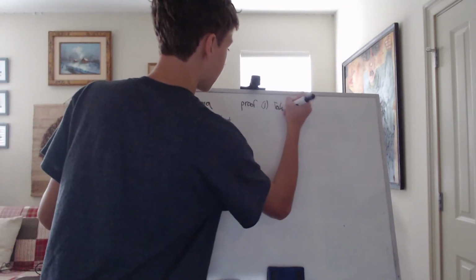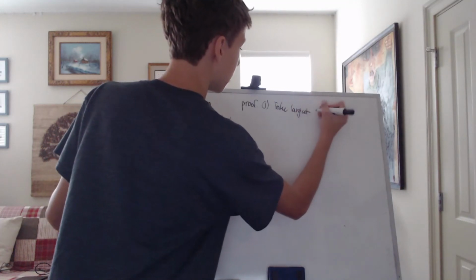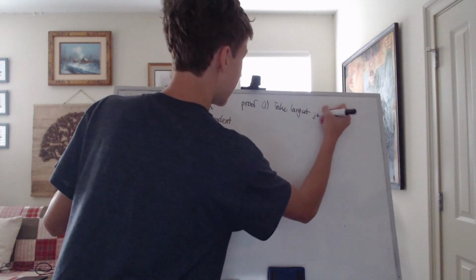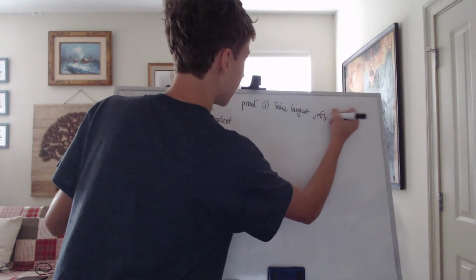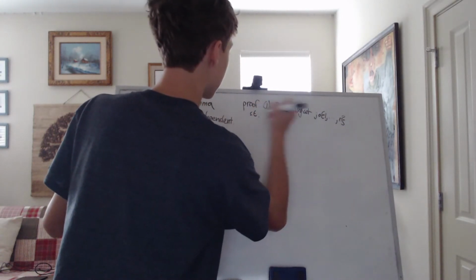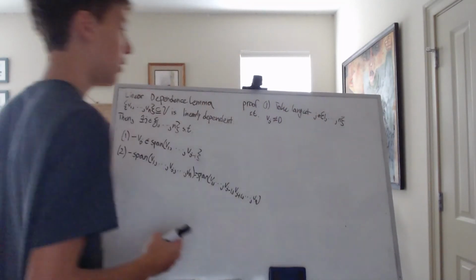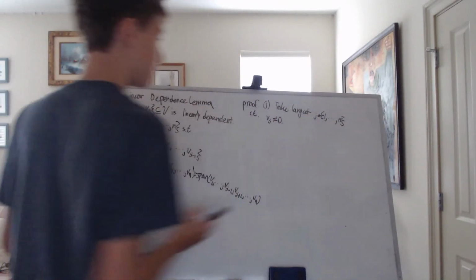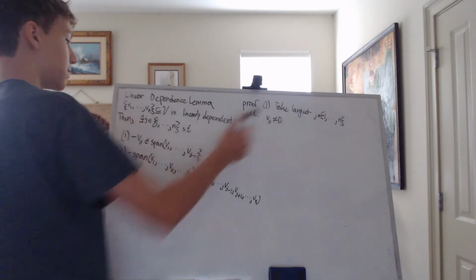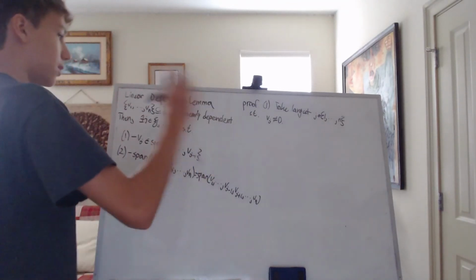We take the largest j in the set such that vj is non-zero. Okay? One must exist because it's a linearly dependent set, right? So we're taking the largest one there.